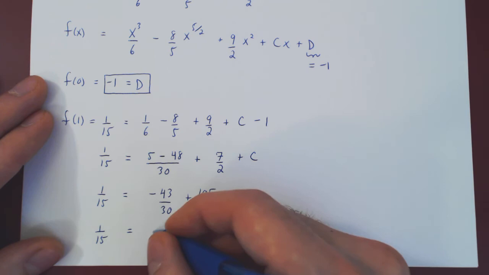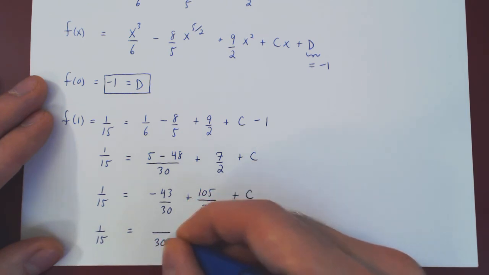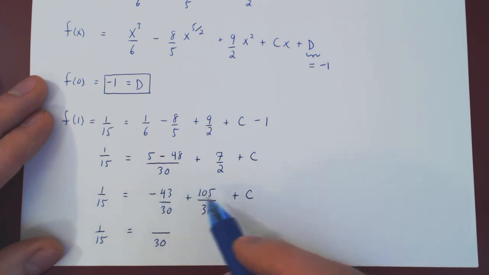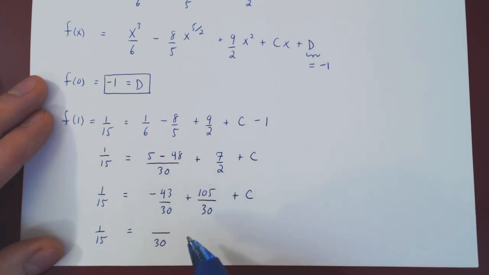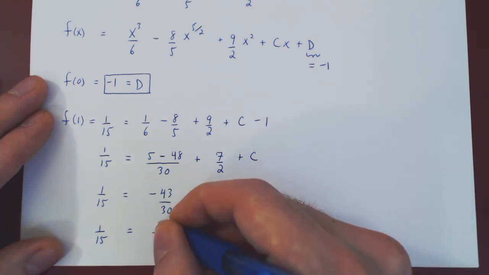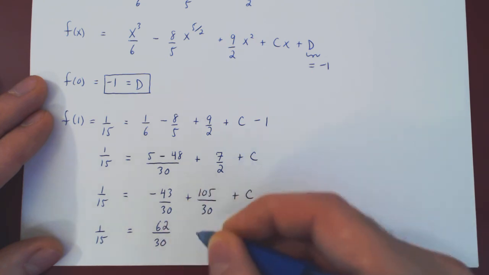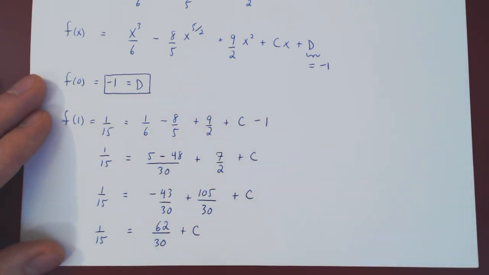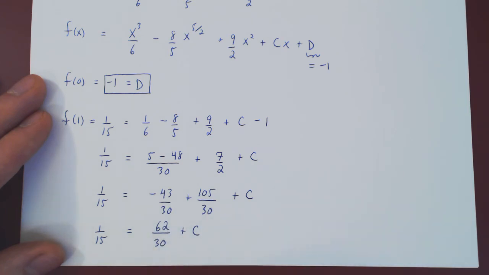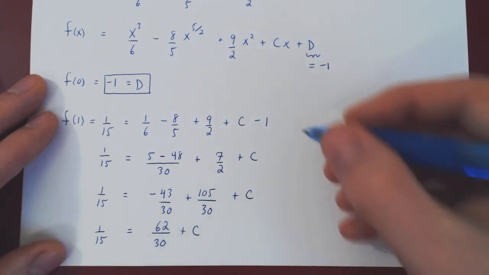So we have 1 over 15 equals, out of 30, 105 minus 43, which is 62, plus of course c. Here we can cancel a 2, as both 62 and 30 are even numbers.